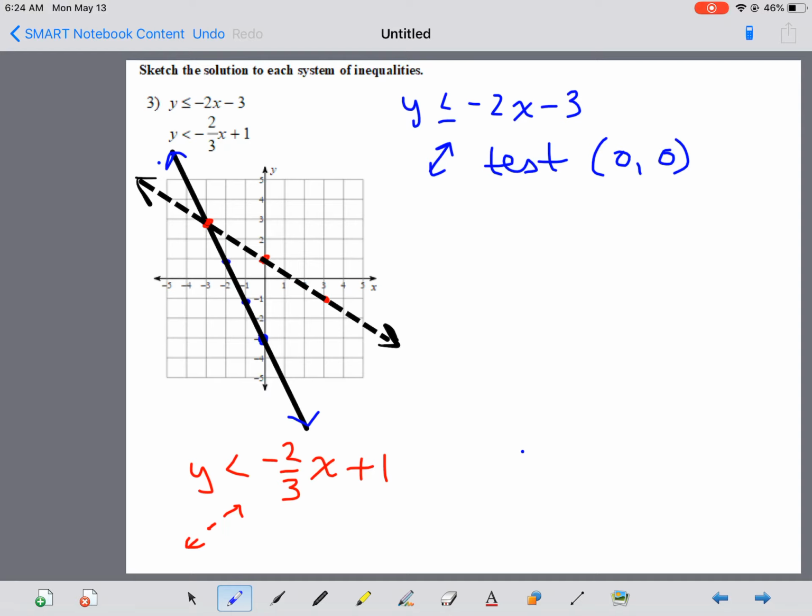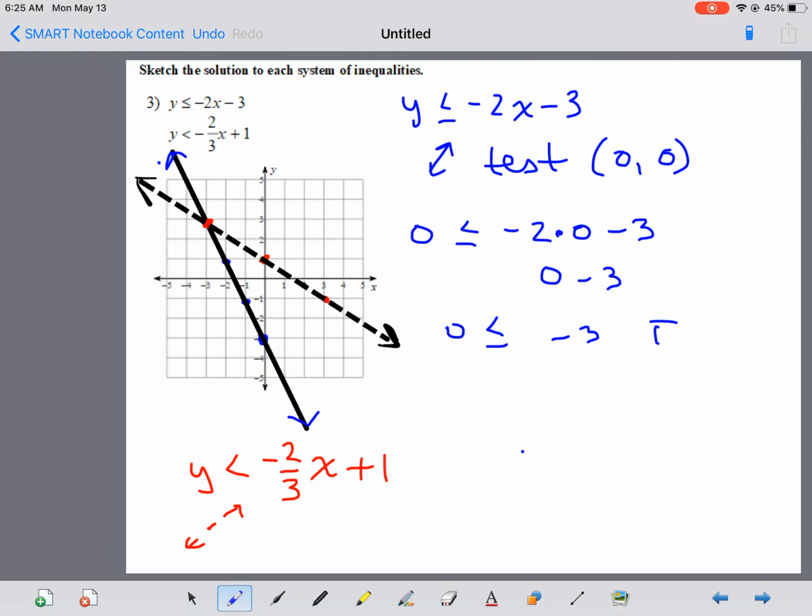So we replace the x and the y with the value 0. Is 0 less than or equal to negative 2 times 0 minus 3? Negative 2 times 0 is 0, minus 3 is negative 3. So is 0 less than or equal to negative 3?